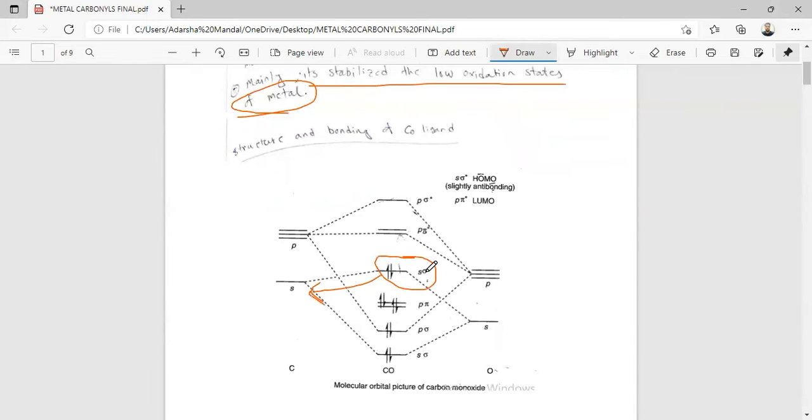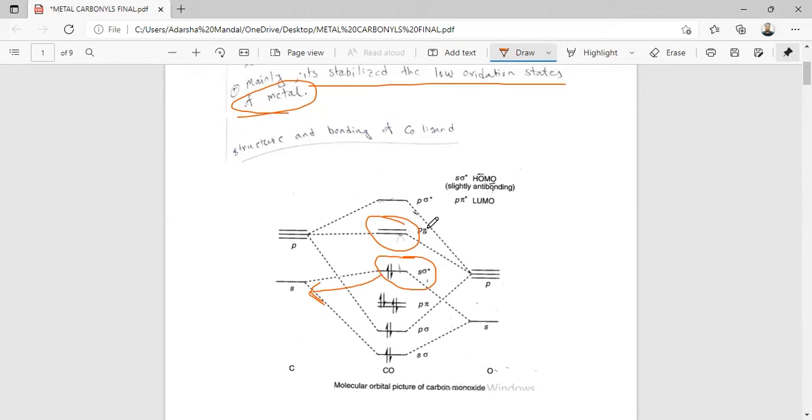This means the lone pair is mostly on the carbon atom, so that's why it donates via the carbon atom. And here the LUMO of this carbonyl is a pi star orbital. It also has energy closer to the carbon atomic orbitals compared to the oxygen atomic orbitals.